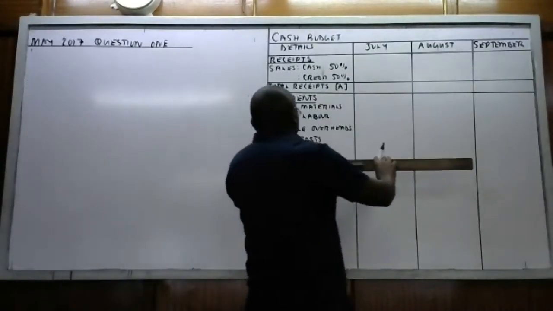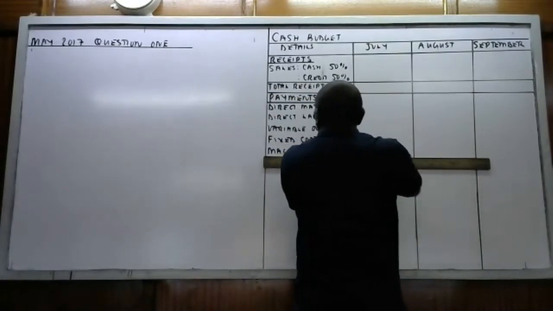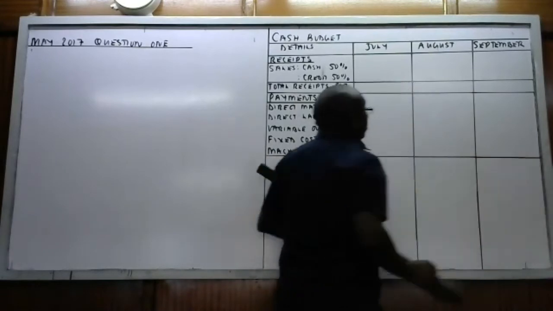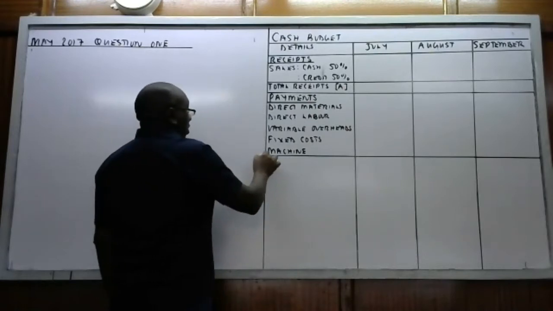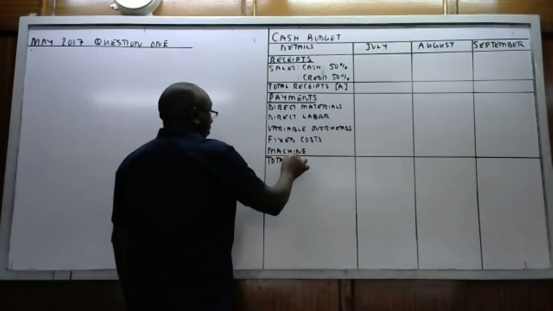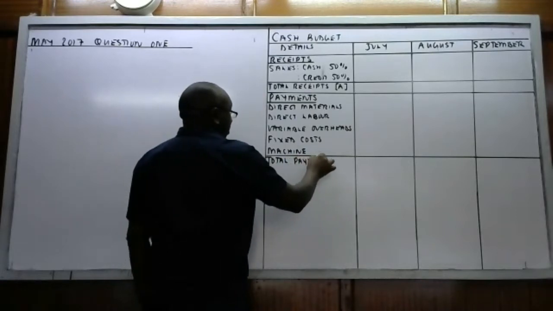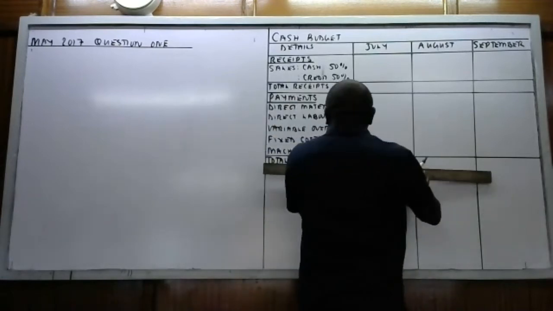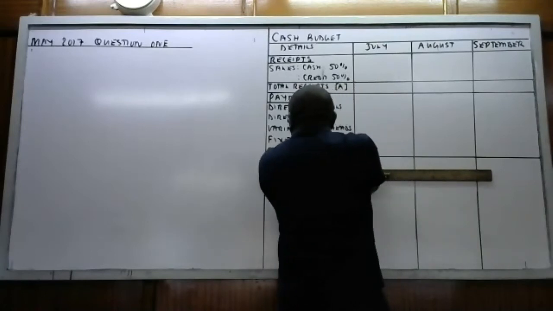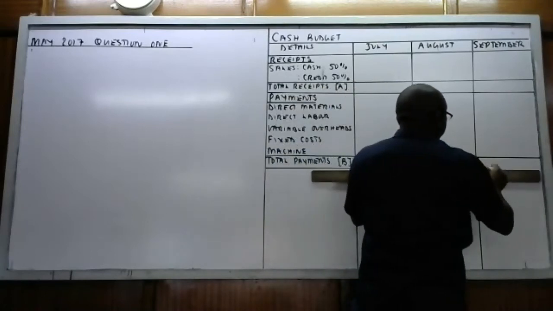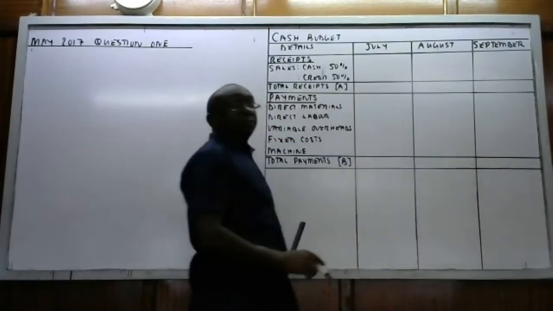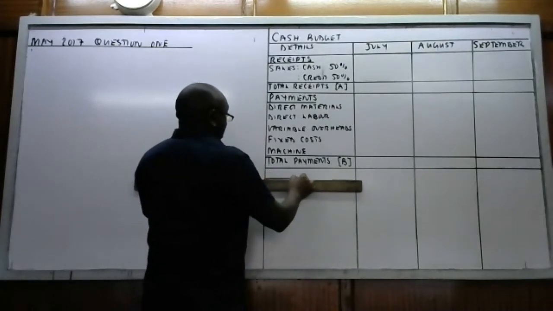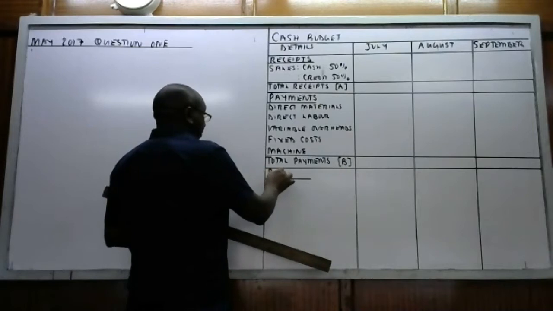That being the case, it then means we have something called total payments, which we shall designate as B. Then from there, I told you we get the third part, which is called balances.